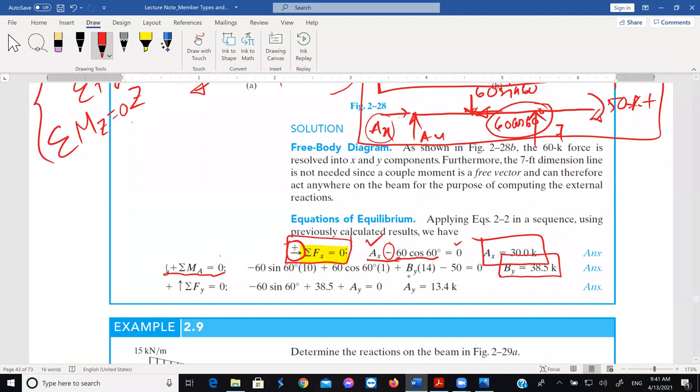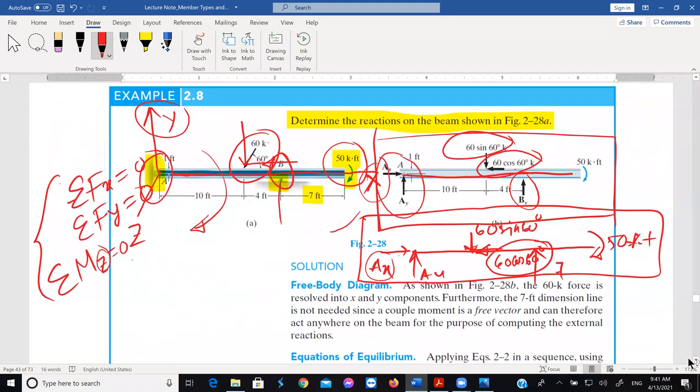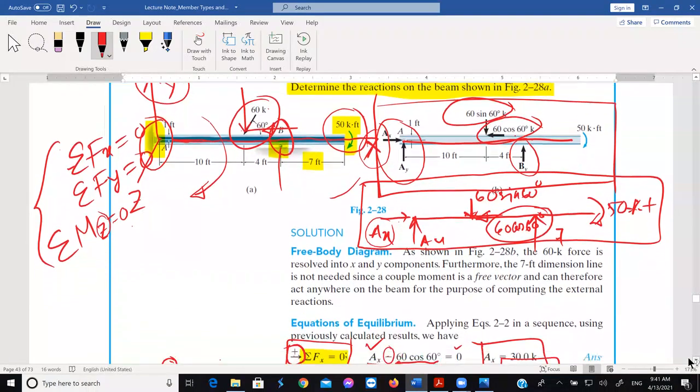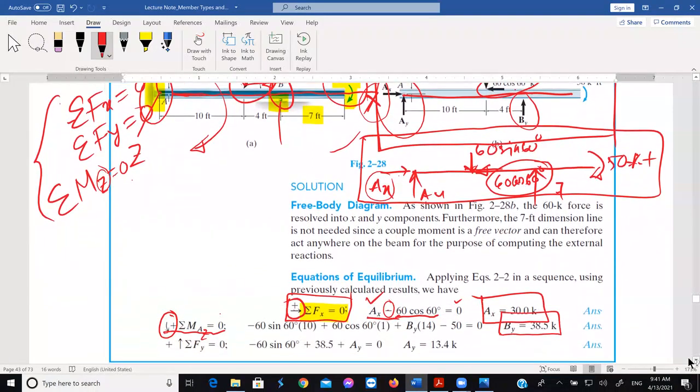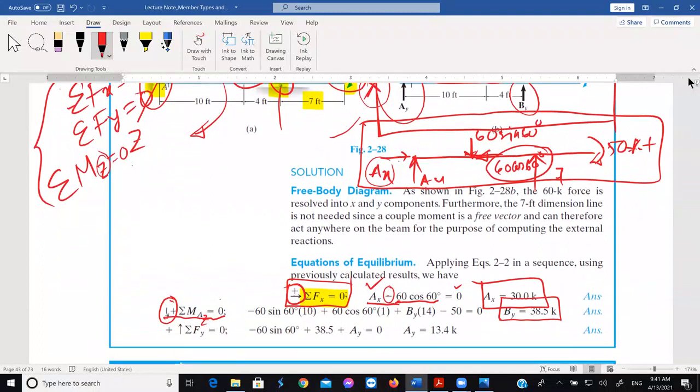And definitely moment at A is about the z axis. It's up to you whether you want to assume clockwise moment positive or anti-clockwise moment positive. Here they assumed anti-clockwise moment as positive. So about point A, the force that's contributing to anti-clockwise moment, we will assume that as positive.